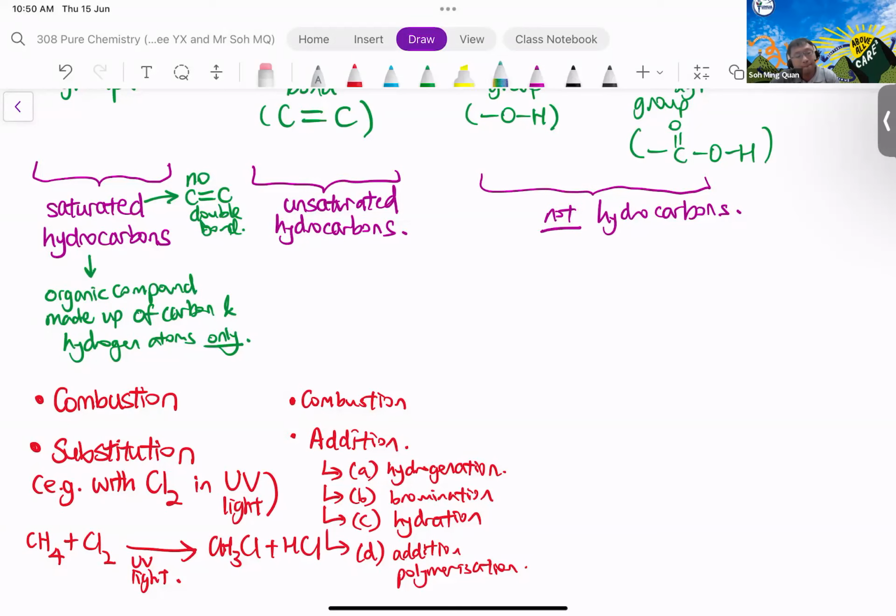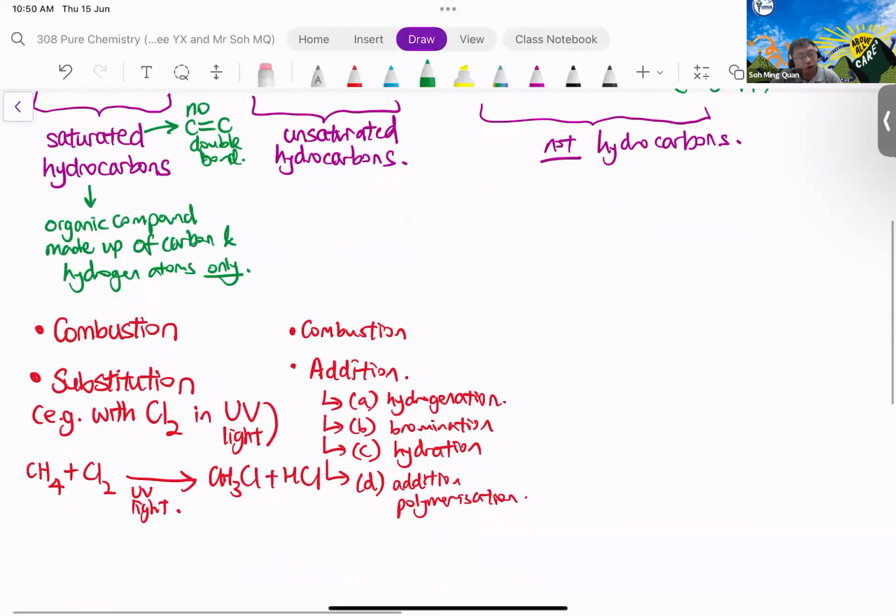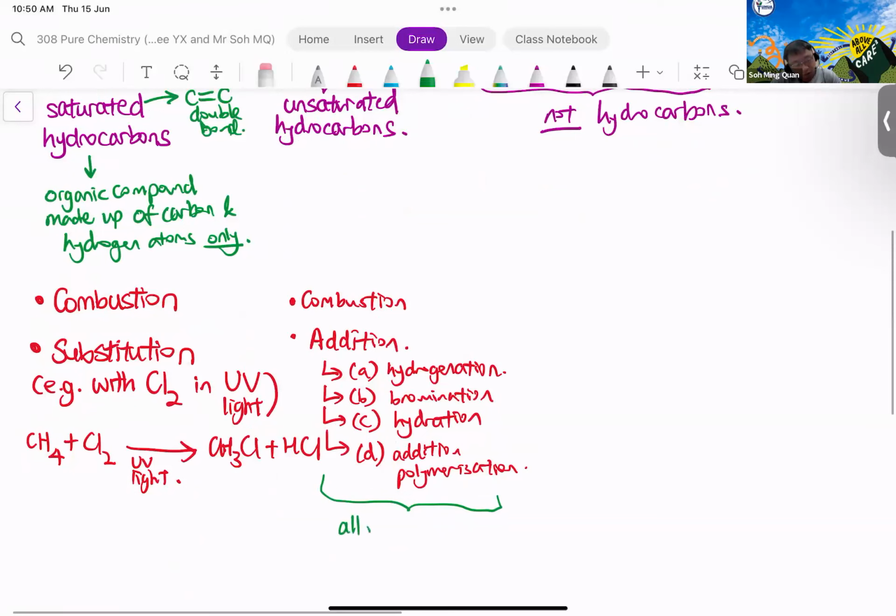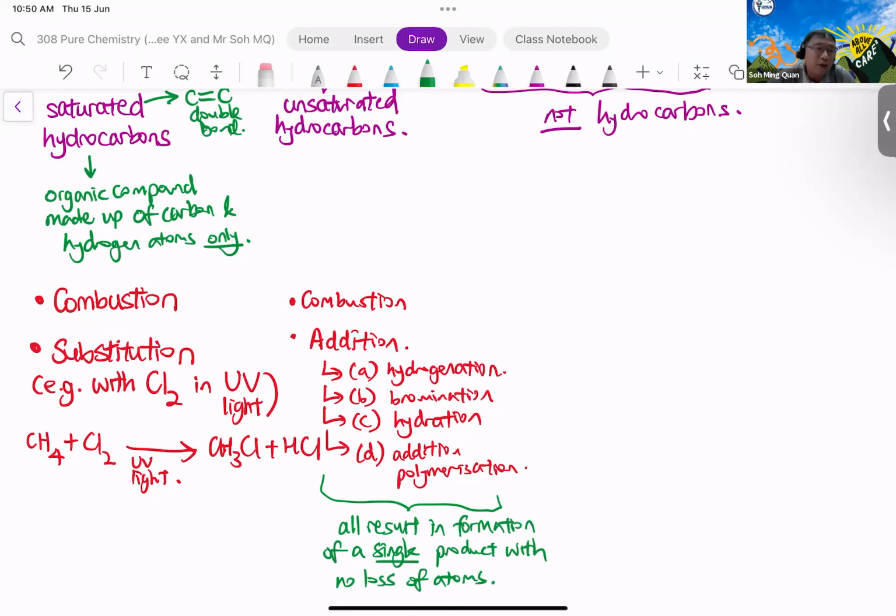Okay, now why are they considered addition? They are all addition reactions because they all result in the formation of a single product with no loss of atoms. So whenever you have an addition reaction, there's only one single product on the right-hand side. Okay?